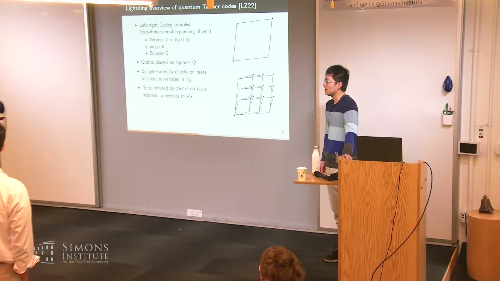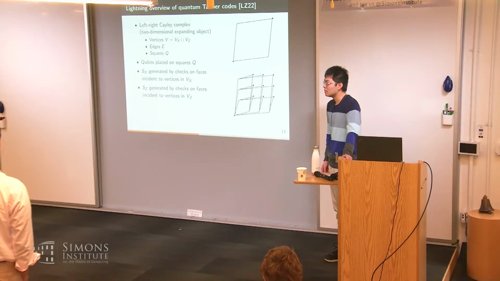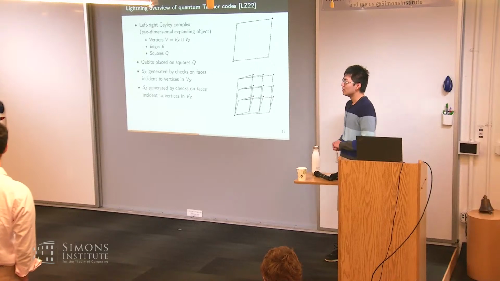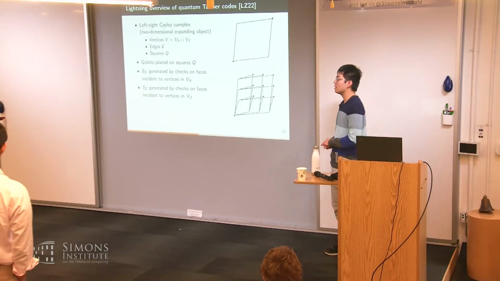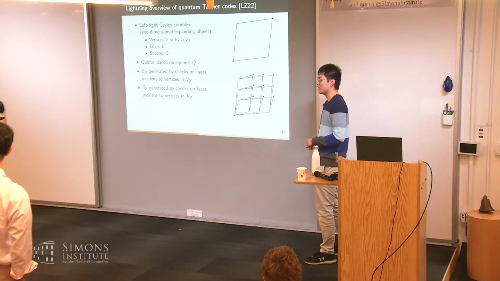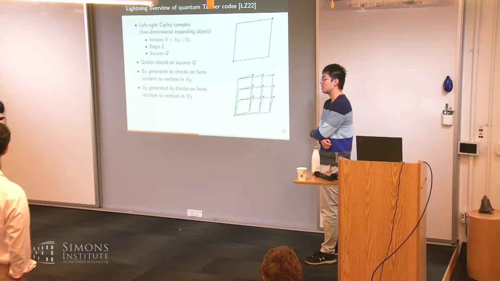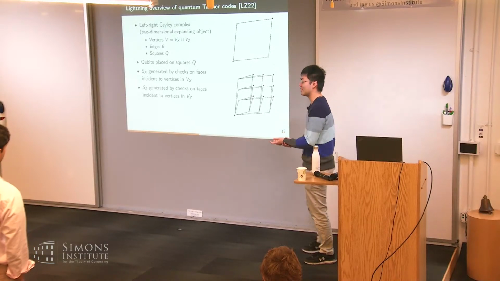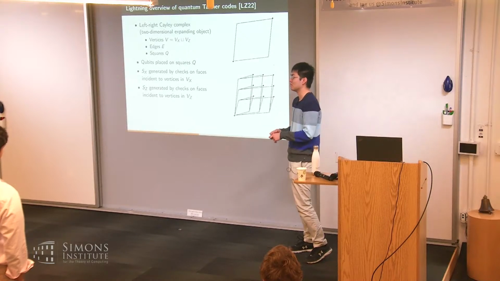So there must be some underlying assumption on the computational model, because we just input and output this string. Sure, yeah, but the model is that we assume that there's parallelism.